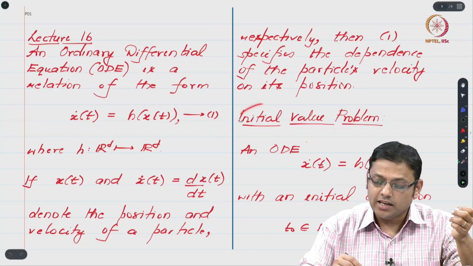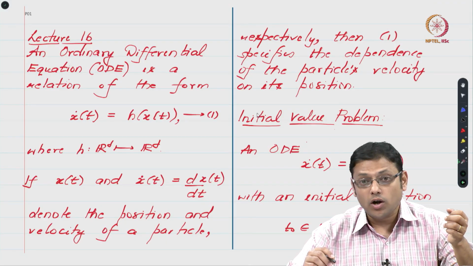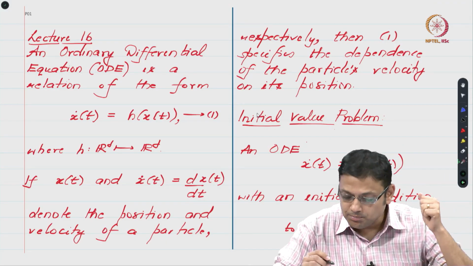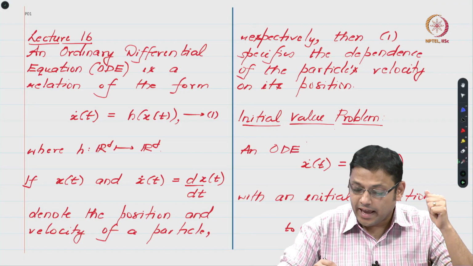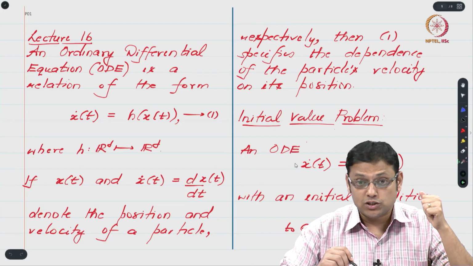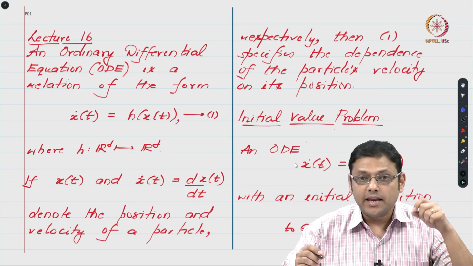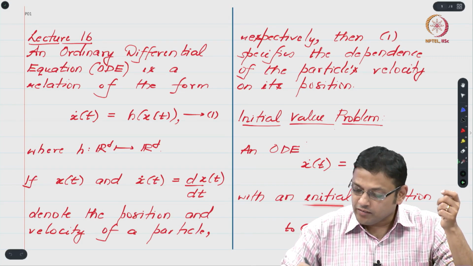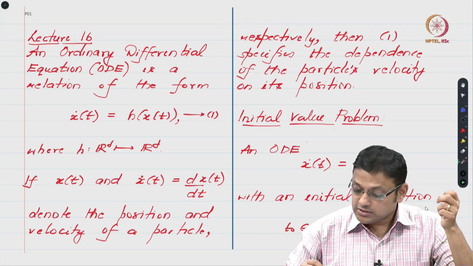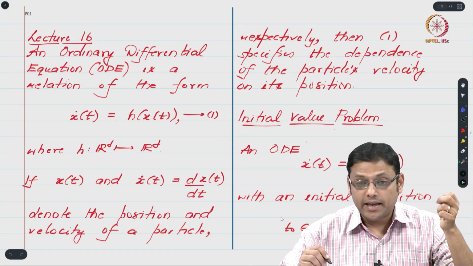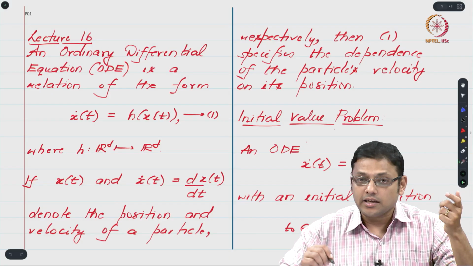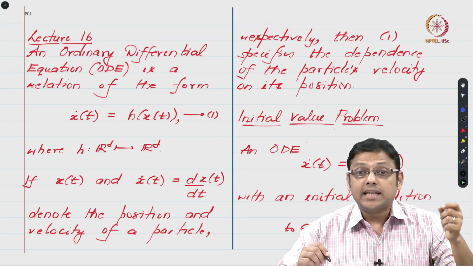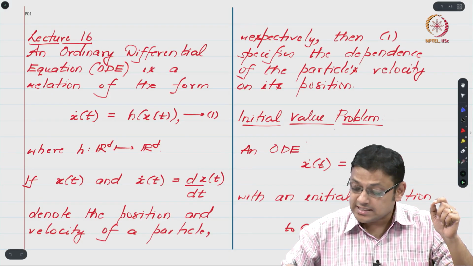right. More specifically we can define something called an initial value problem, right. In this initial value problem we have this ODE x dot of t equals h of x of t, right, and in addition to that we have an initial condition of the following form, that we have some t naught in R, that is the real line, and we have been given this additional condition that x of t naught equals x naught.